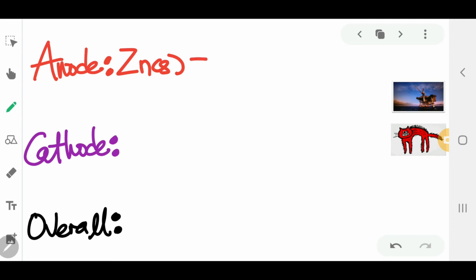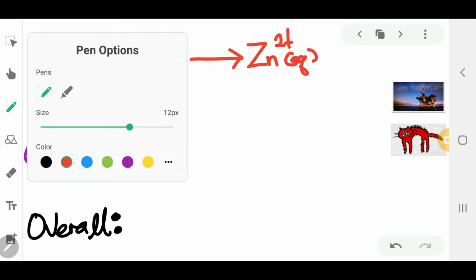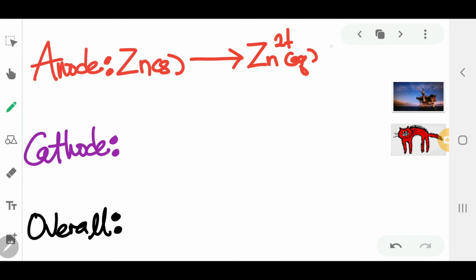So zinc will be converted into zinc 2 plus aqueous, plus 2 moles of electrons, because you have 2 plus right there.